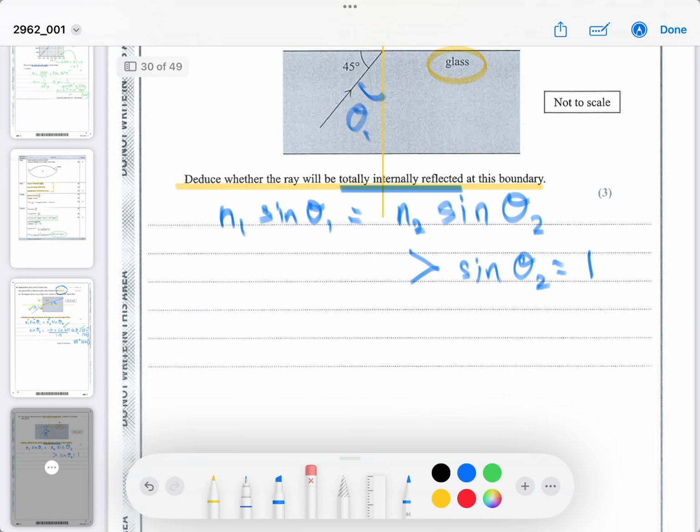So the way I would do it is to explain that sine C is equal to n2 over n1 always. Now we know that n2 is 1, so it's going to be 1 divided by 1.5. That will give you C of 41.8 degrees.